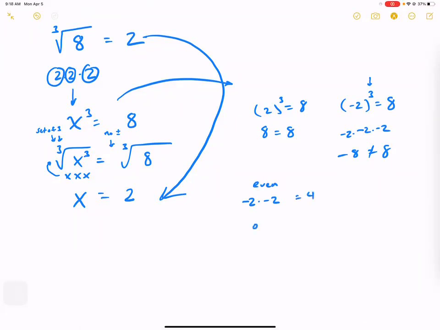But if I have an odd set, this is a negative 8. So it doesn't cancel. So we don't have two options here. We only have one option. Meaning if I put a positive 2 cubed given an odd exponent, this would be positive. But if I put a negative, see, this doesn't work. We said it would become a negative.